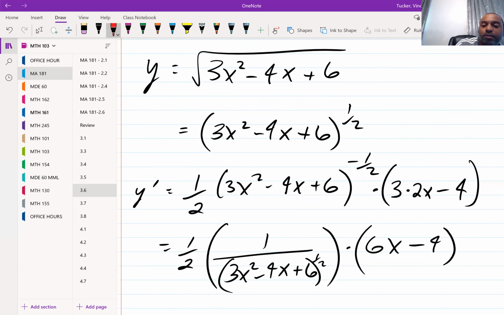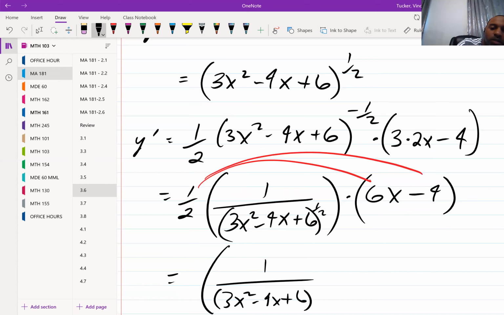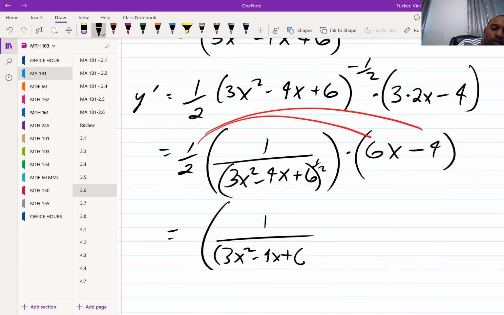And we also can simplify this further, applying that 1/2, since the 1/2 can go into the 6 and into the 4. When it comes to multiplication, if it's all multiplication, you can apply it in any order. So that'll be 3x minus 2, taking half of each one of those terms.